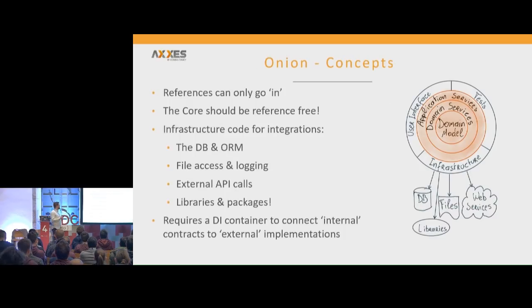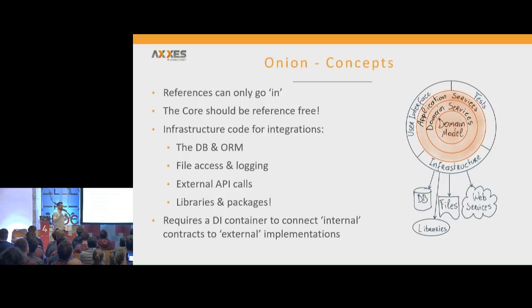And what it looks like is a bit like this. At the center, you have your domain model. It's all your classes that are in your domain. Around that, you will write your domain services, which is basically your business logic. And around that, you will write your application services. That's basically how your core communicates with the outside world. And references can only point in. So you can only put references to the inside and not to the outside.